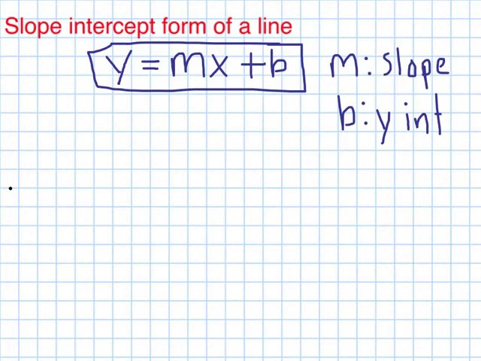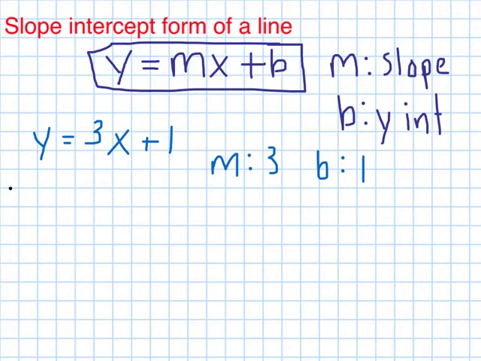So let's say I have this equation here. y equals 3x plus 1. Well, we know our slope is 3 because it's the value that's on x. We know the y-intercept here is 1. So let's take a look at what the graph would look like. So my y-intercept would be 1. That would be my starting point. And then from that starting point, you just do the rise over run of the slope.